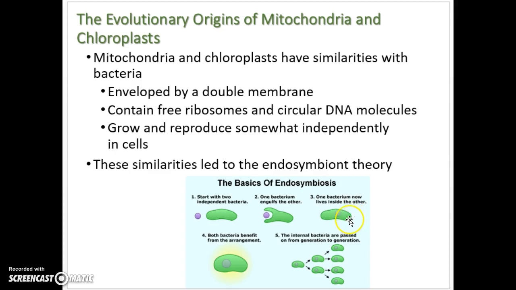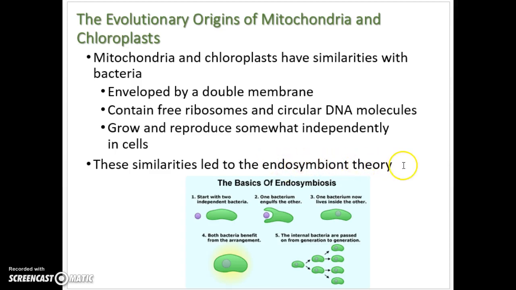But they were able to still function, and actually the bacteria that ate them benefited from having them in there. So there was basically a symbiotic relationship that occurred, where we get this endosymbiotic theory. Endo meaning brought within, symbiotic is symbiont.